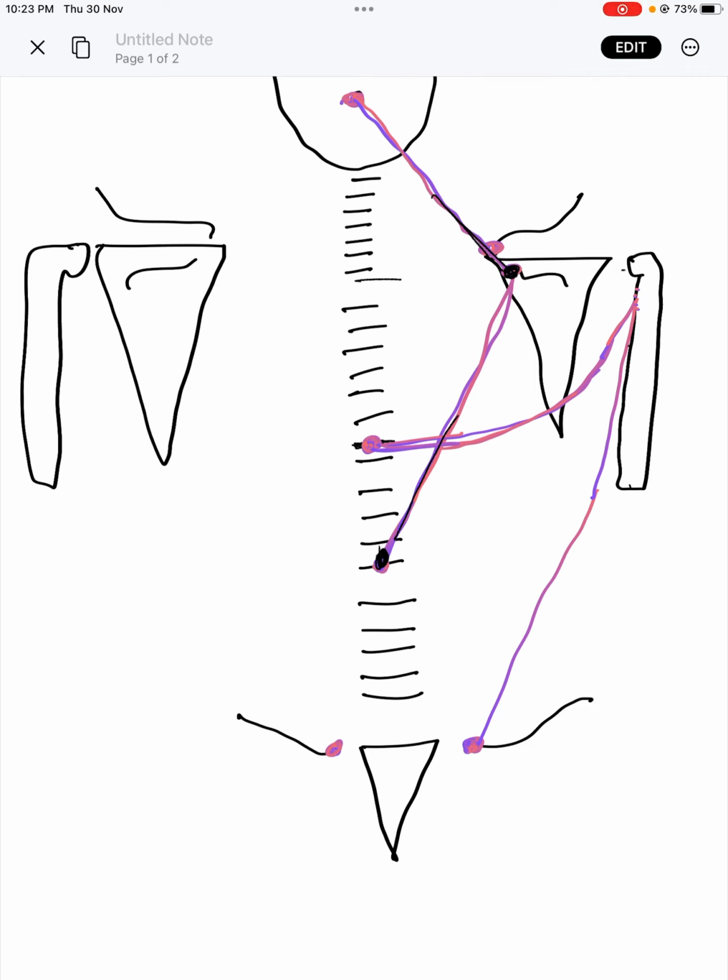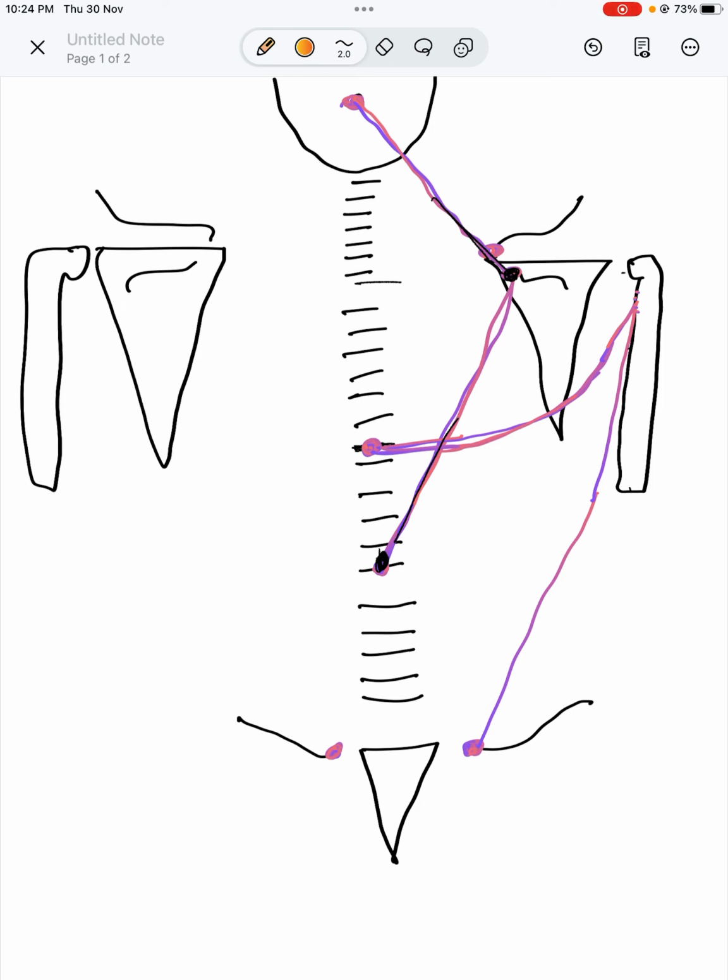The rhomboids are actually beneath your trapezius muscle, so if you draw it here itself, you will make it congested. You will ruin the diagram. You will not be able to understand anything. You will just have a lot of lines. So maybe do it in the other direction, and use another colored pencil or pen. If possible, use different colors for each muscle so that you never confuse it.